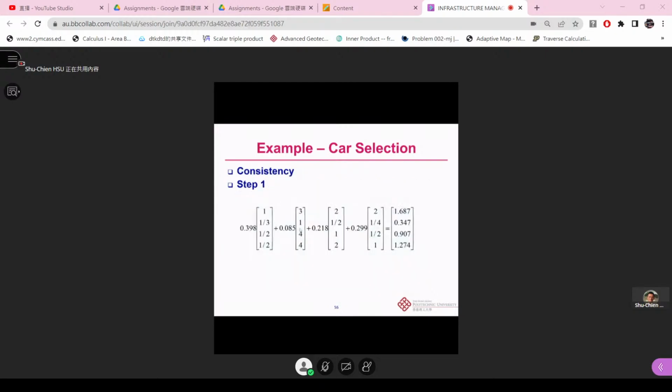So we take this 0.398 times this vector, plus the 0.085 times this vector, and also plus the 0.218 times this vector, and so on, then we can finally get 1.687, 0.348, 0.907 and also 1.274 as the first vector.